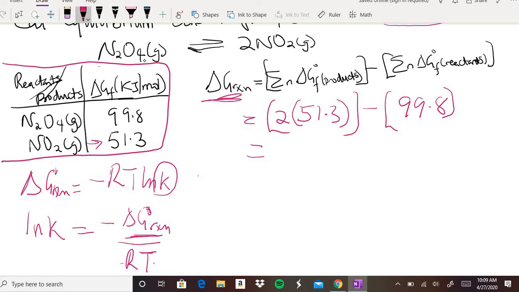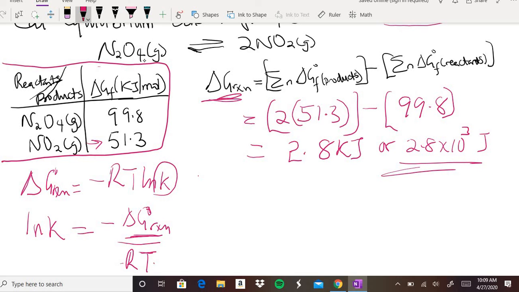When we plug this into our calculator, we have 2.8 kilojoules, or we can say 2.8 times 10 to the 3 joules, whichever one we want to use. So we have found our delta G of reaction.